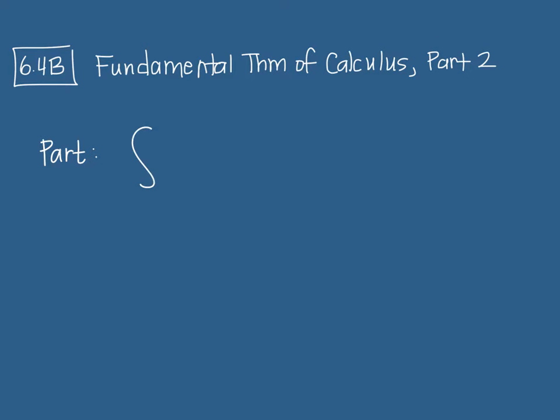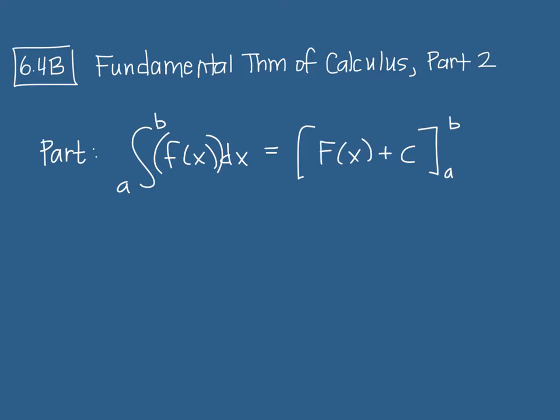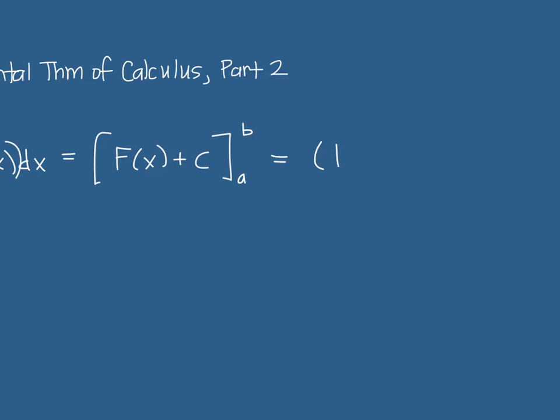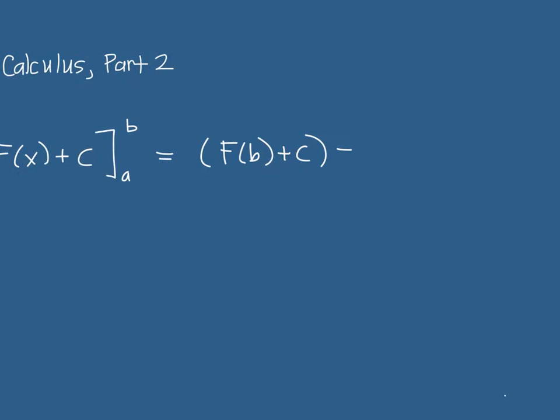Part 1 of the fundamental theorem of calculus says an integral that goes from a to b of the function f of x dx, in parentheses, converts into the notation of the antiderivative F of x plus c on a to b, which converts to F of b plugged in first plus c minus F of a plus c.